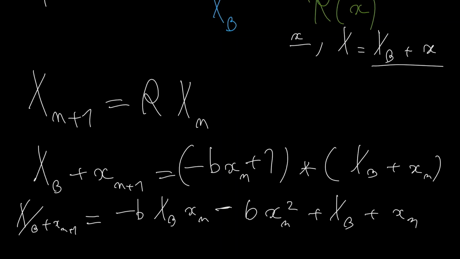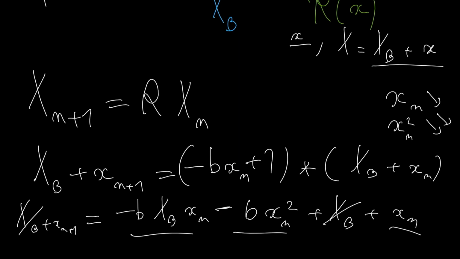Now xb and xb delete each other, and we are left with these three terms here. Now since we are considering small departures, xn is small, so xn squared is very small in comparison, and we can ignore the term containing xn squared.